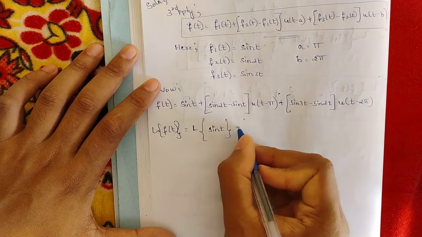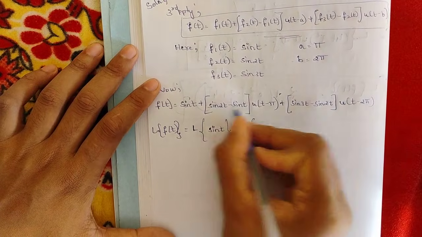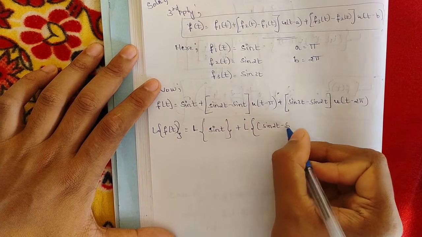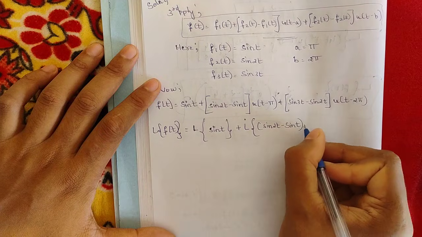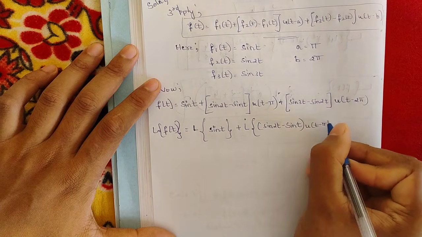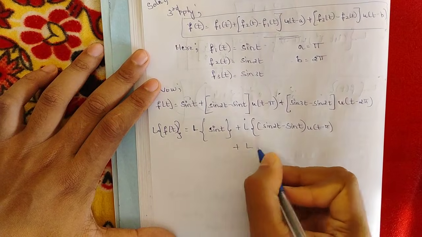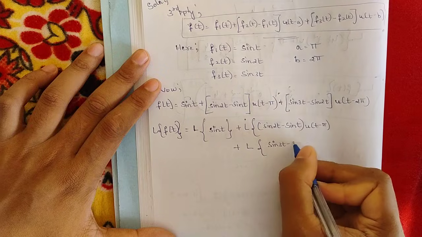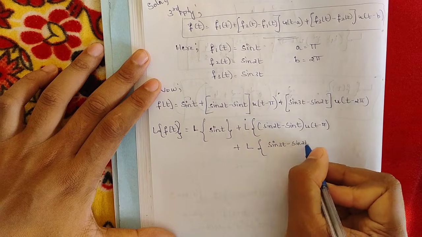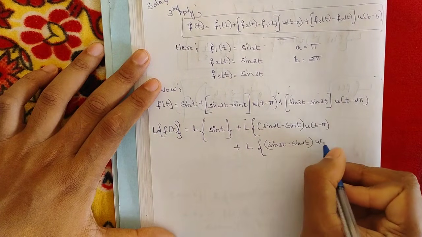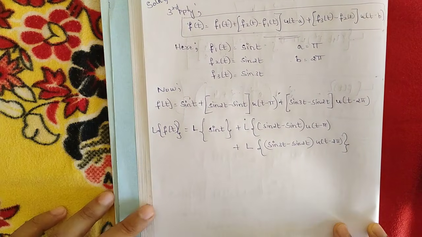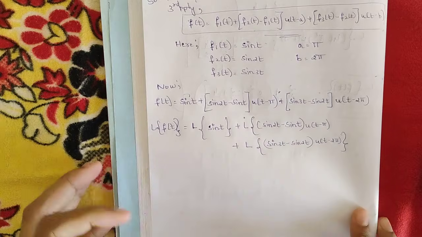This is one term, plus Laplace transform of the second term, that is sin 2t minus sin t, u of t minus pi, plus Laplace transform of sin 3t minus sin 2t, u of t minus 2 pi. So you have split it in 3 terms.